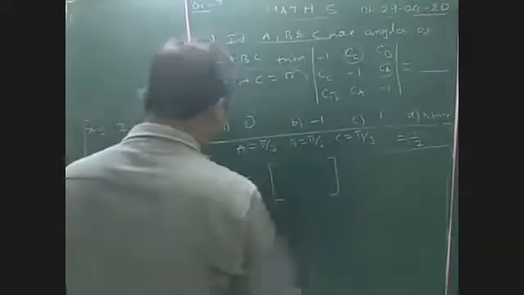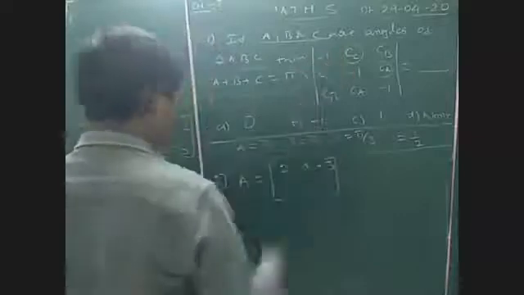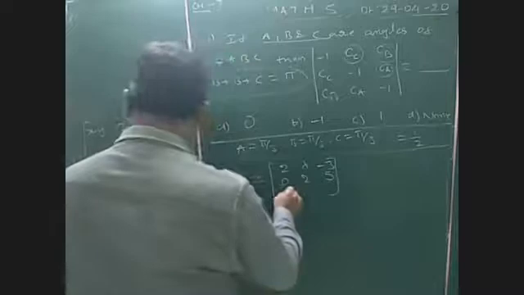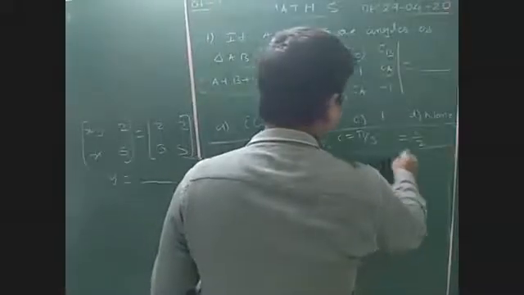Next, A is equal to 2 lambda minus x, 0 2 5, 1 1 3. Then A inverse exists.